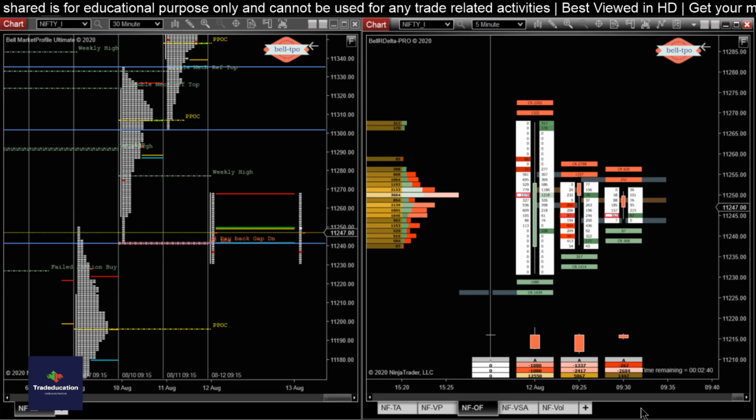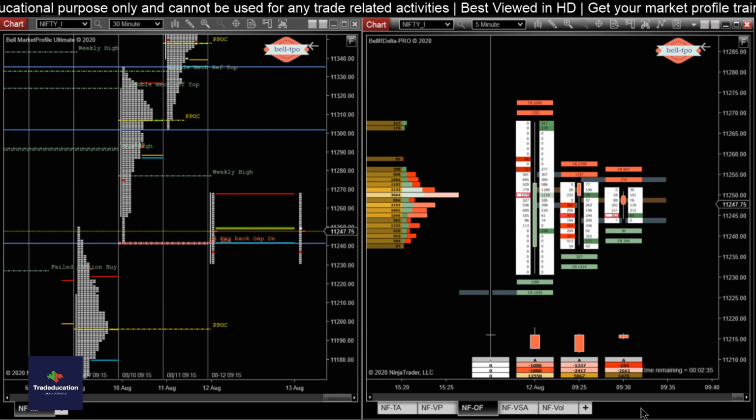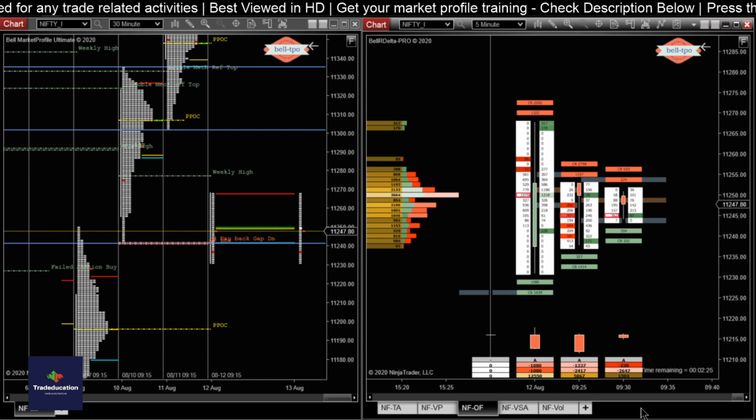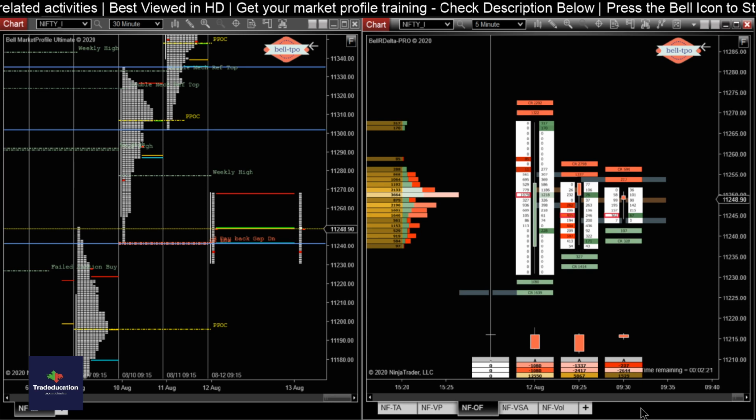So we are at a junction where the support was broken and turned into resistance, and now again that resistance is broken and turned into support. So a lot of market generated information is happening, and on the spot chart, we are above the previous week high, just trading around those levels.